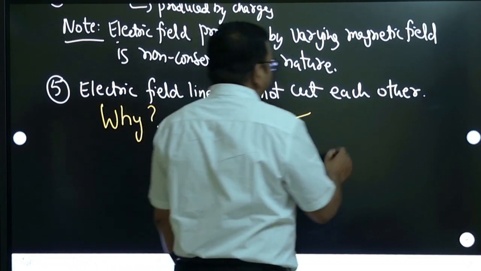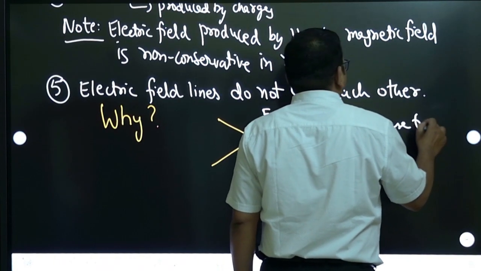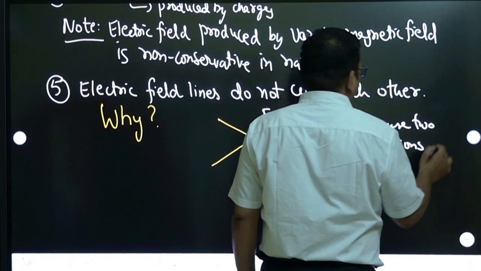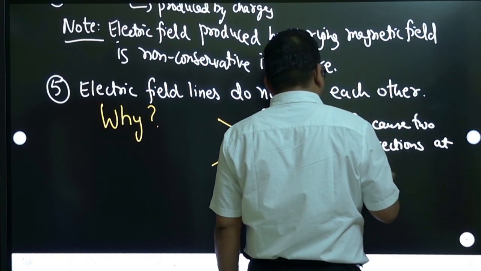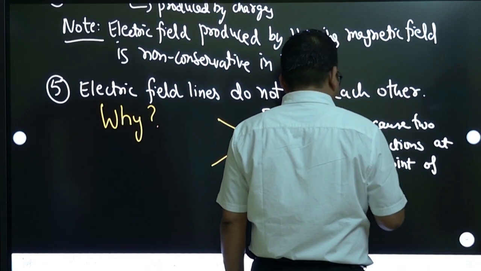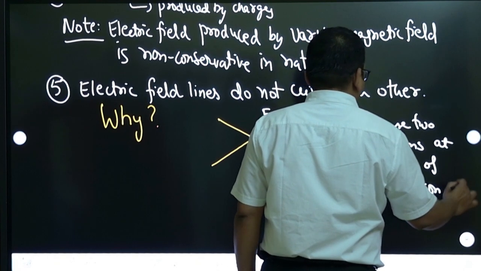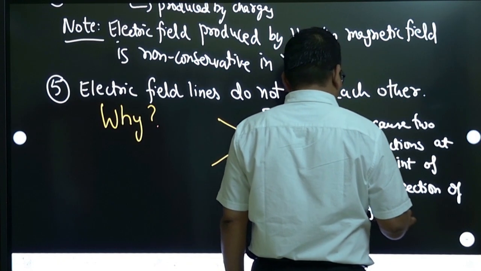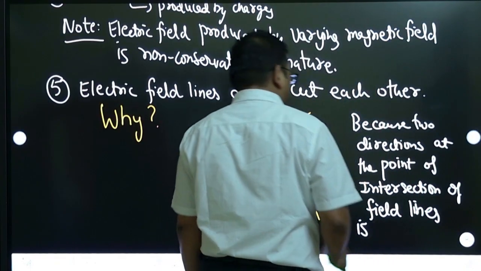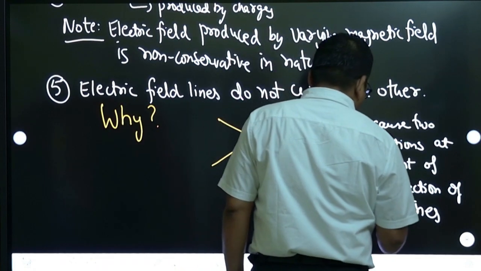Okay, because two directions at the point of intersection of field lines is not possible.